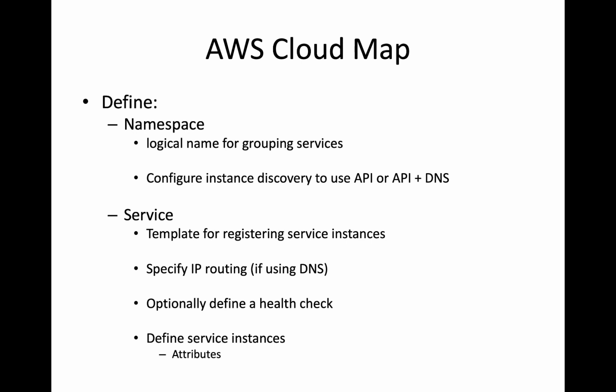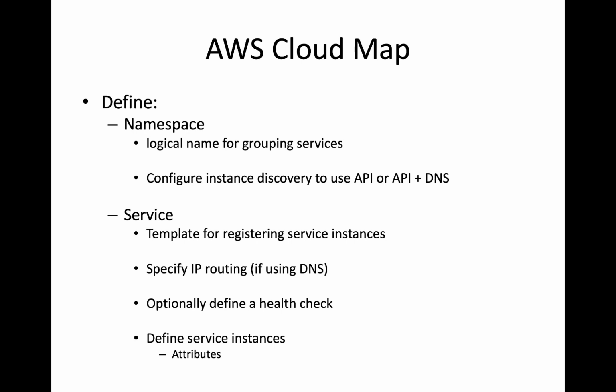If the service is healthy, then it will stay registered within Cloud Map. But if the service is unhealthy, then Cloud Map can actually remove that service from the Cloud Map registry. And the last thing that you define as part of a service configuration are attributes.